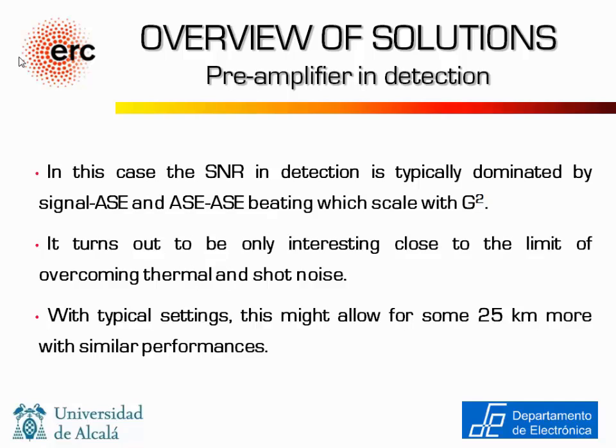Going beyond that, having more amplification will just give you more noise, and in the end, your signal-to-noise ratio is not at all improved. So it is good enough if you go close to the limit of overcoming thermal and shot noise. And with typical settings, you can plug in figures again, and you will see that you can afford a few, 20, 25 kilometers more with similar performance.